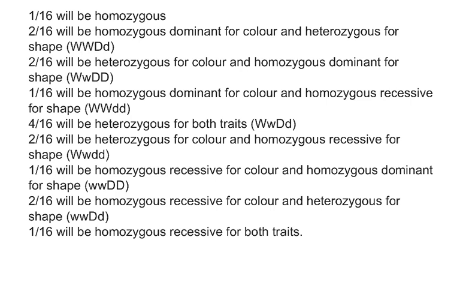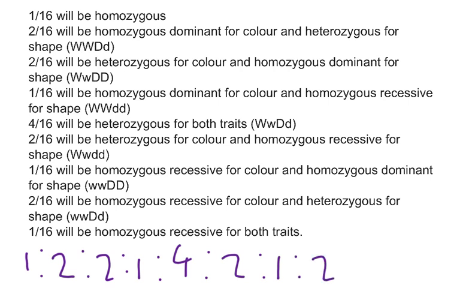So if you're going to look at the genotypic ratio, and we're going to write it down the bottom, down here, if I can figure out how to do this, it'll be 1 to 2 to 2 to 1 to 4 to 2 to 1 to 2 to 1.